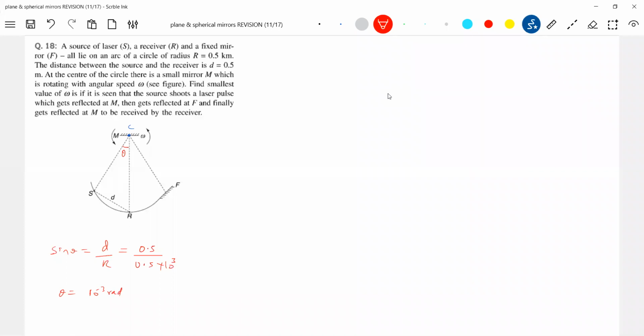So what should happen here? The reflected ray should be reflected symmetrically. So it will be like this. Take theta. How much should the reflected ray be rotated? An angle theta. For that, how much should the mirror be rotated? Theta by 2.